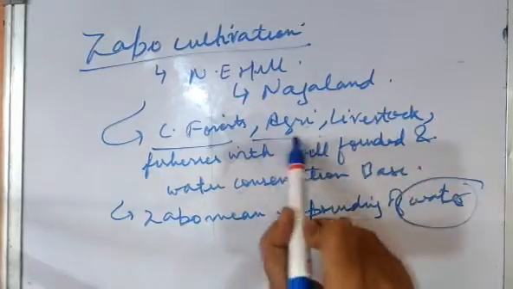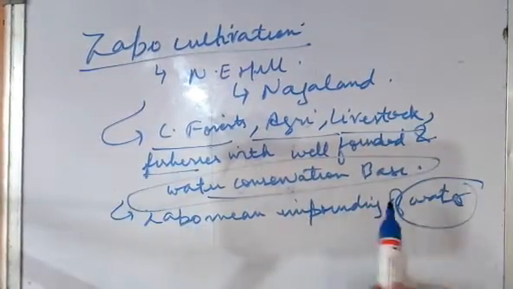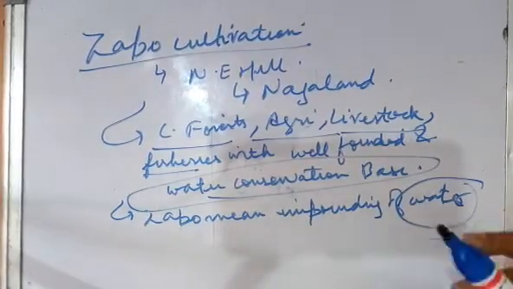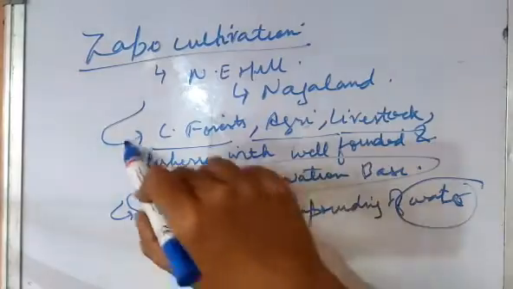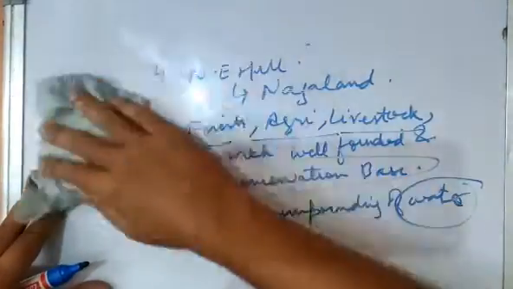We can see here we have got forestry, agriculture, livestock, fisheries, with a water conservation base. They conserve water nicely. They use water in such a way that its efficiency is more in this system. So it is indigenous, but it is very sustainable. So hope you all understand Jabo cultivation.